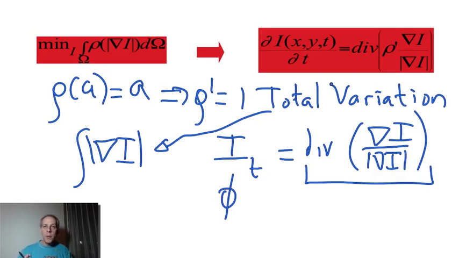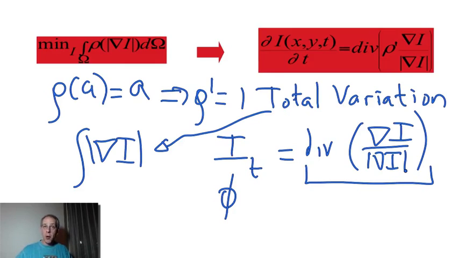This is an extremely interesting connection. We talk about curve evolution, we talk about curvature types of motions, this is a curvature type of motion, that basically the image is moving based on curvature of the level lines, and we didn't derive this equation from the level lines.